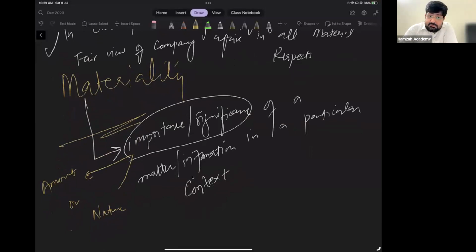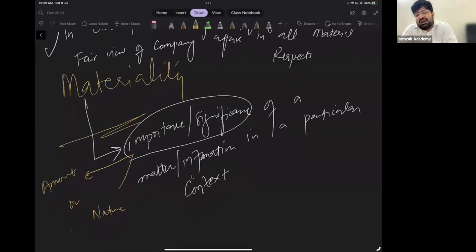For example, we say $5 million in the financial statement of Intermart is misstated. $5 million amount.